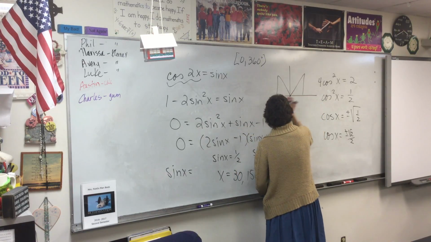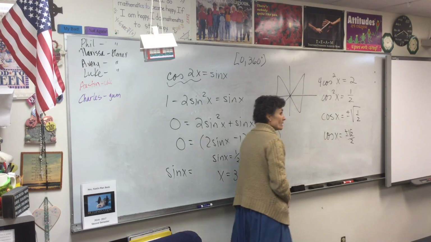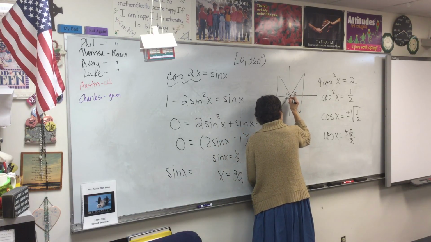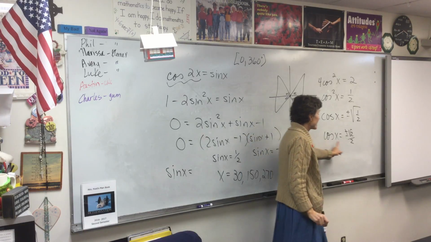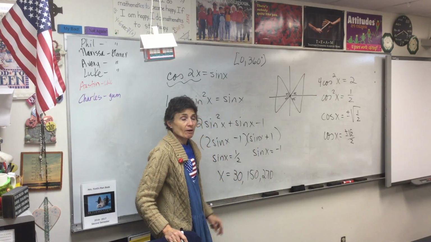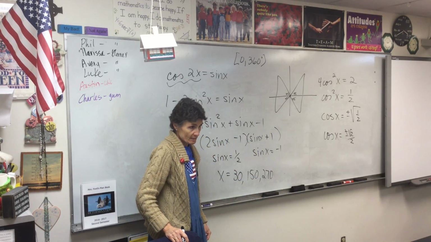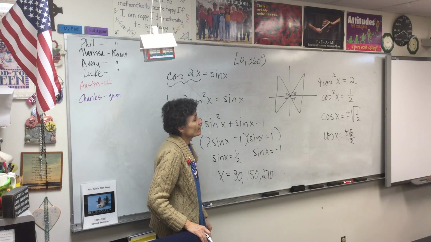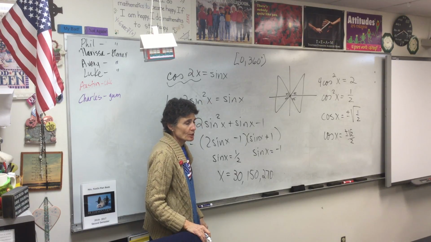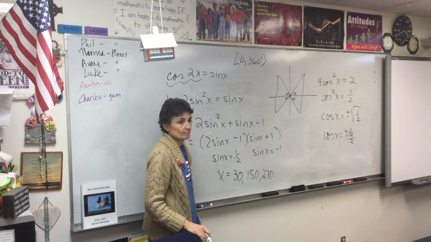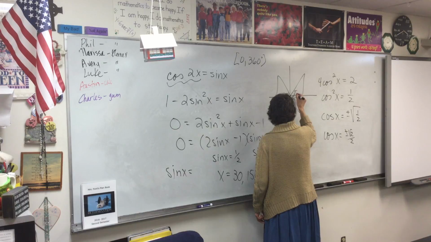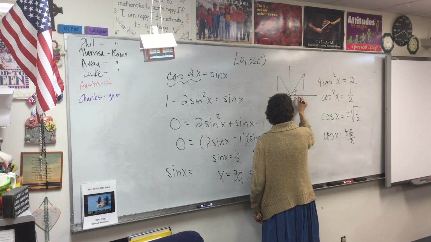So I'm going to have 4 different answers to this problem, but they all have a 45-degree angle, right? Because that's the angle that has a cosine of root 2 over 2. But stop right there. I'm supposed to be in radians. So can you tell me what fraction of 180, what fraction of pi is 45? It's 1/4. So instead of 45, I'm going to think about this angle as 1/4 pi, or pi over 4.